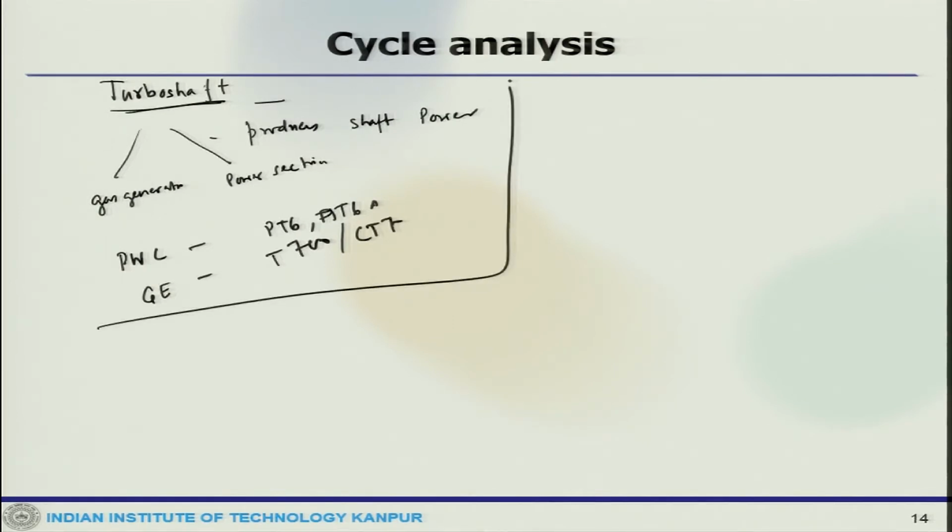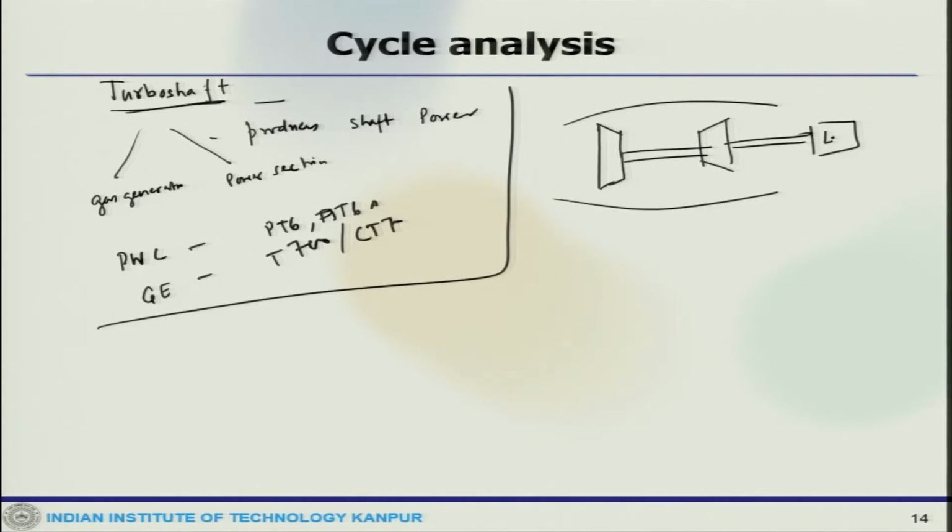let us say we look at a single spool engine, then the schematic will look like this. We have a compressor, then there is a turbine sitting there, then you have the load. So, this is a single spool turboshaft schematic.